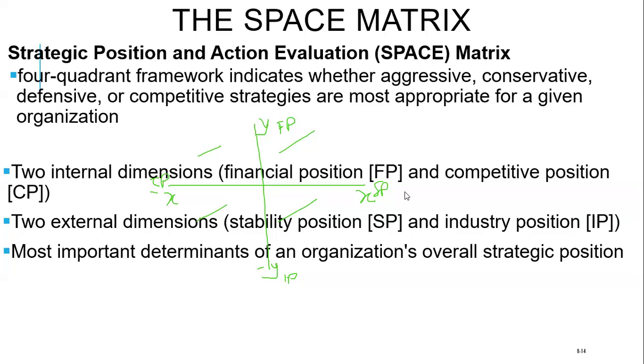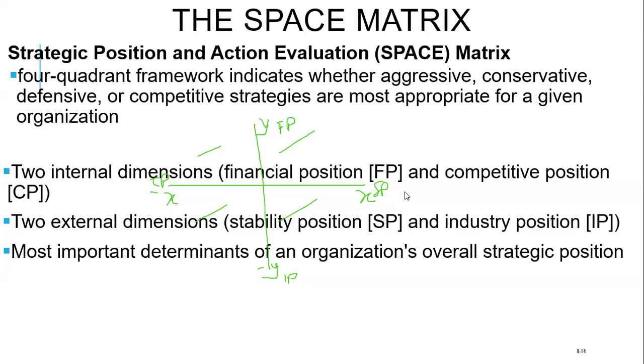And mind you, this one is scored ranging from -1 to -7. So the closer you are to the point of origin, the higher the strength of that particular indicator.